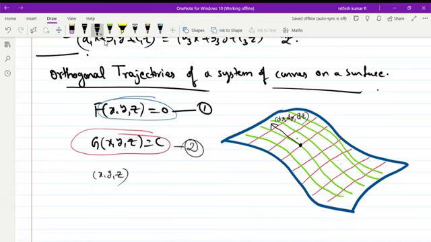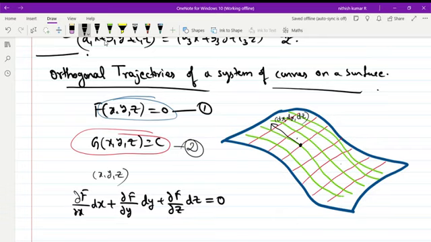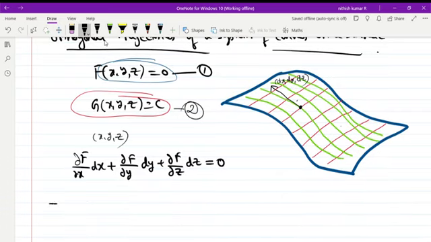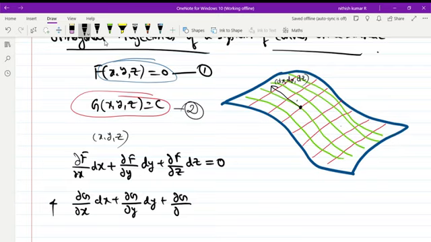So with respect to 1, it will satisfy dou f by dou x into dx plus dou f by dou y into dy plus dou f by dou z into dz equal to 0, and with respect to this one parameter family of curves, dou g by dou x into dx plus dou g by dou y into dy plus dou g by dou z into dz equal to 0.